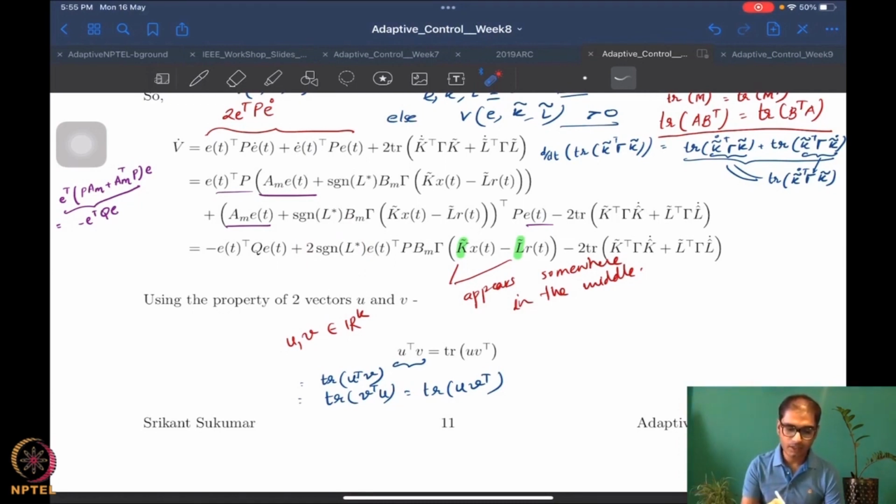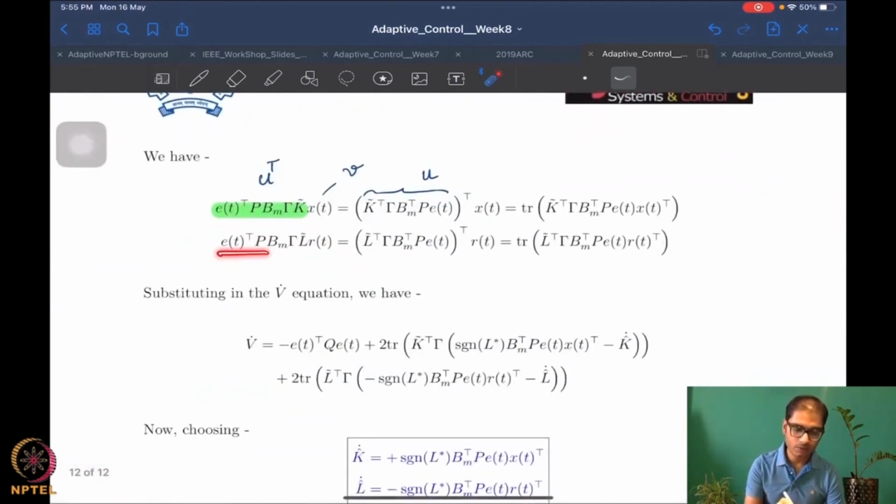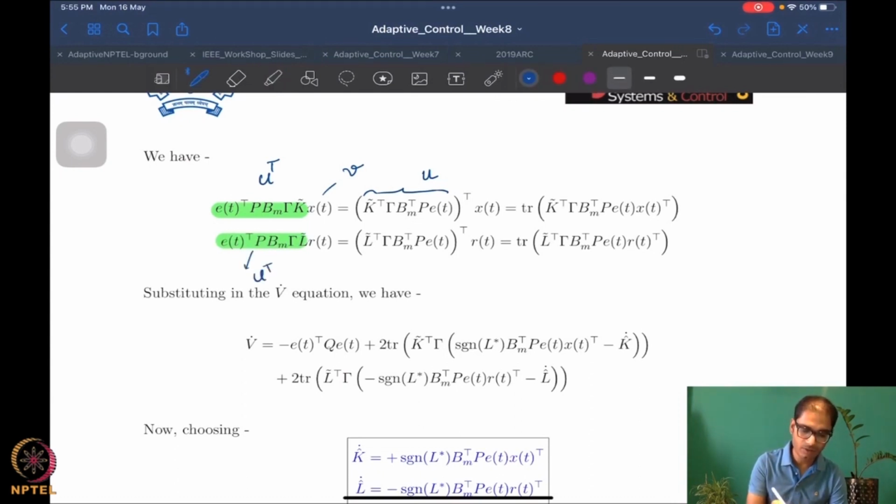I look at the second term, which is E transpose PBM gamma L tilde R. Similarly, I think of everything before the R as my U transpose. So again, this is U, and this is U transpose V, and this is essentially the trace of U V transpose.